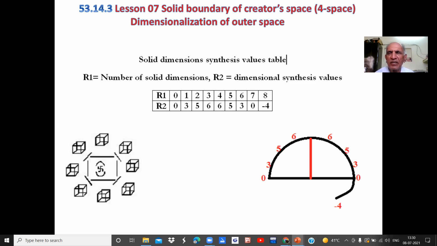The dimensional synthesis value of 0 to 7 number of dimensions comes to be of parabolic format 0, 3, 5, 6, 6, 5, 3, 0. However, the 8th solid dimension takes us to value -4.